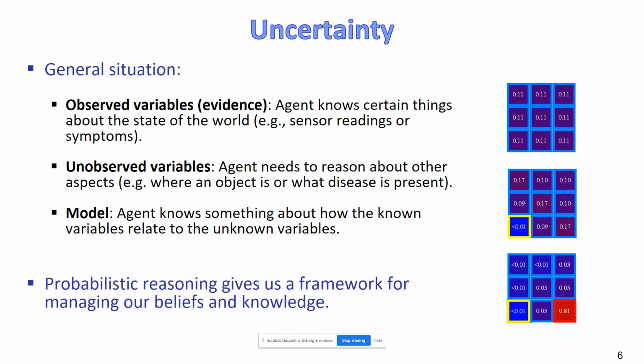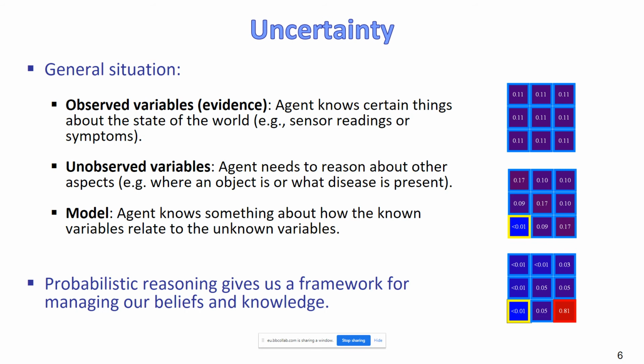So in short, probabilistic reasoning gives us a framework for managing our beliefs and knowledge. Knowledge comes from the observed variables. Our beliefs come from the unobserved variables and come from inference over the observed variables to guess or to infer something about unobserved variables.